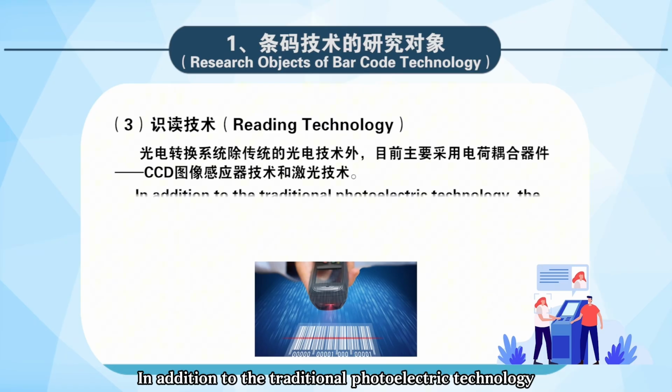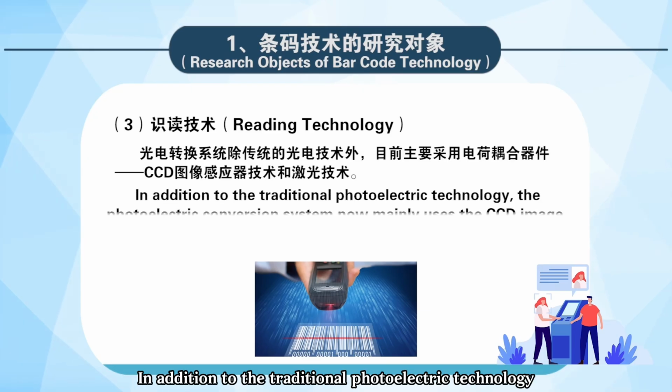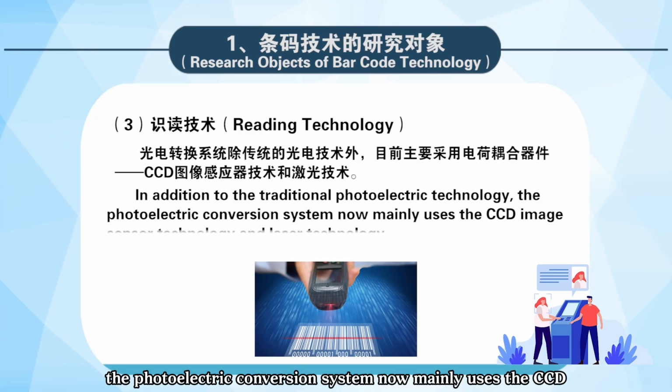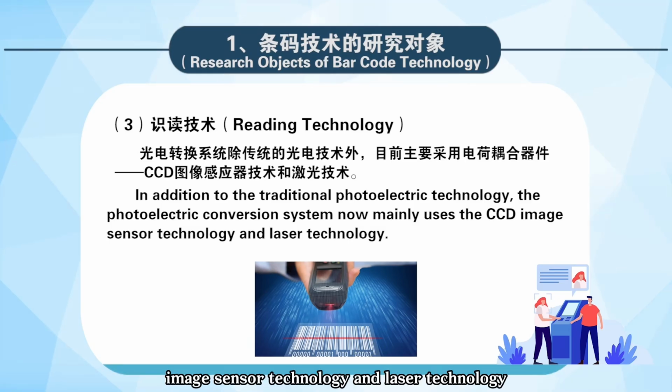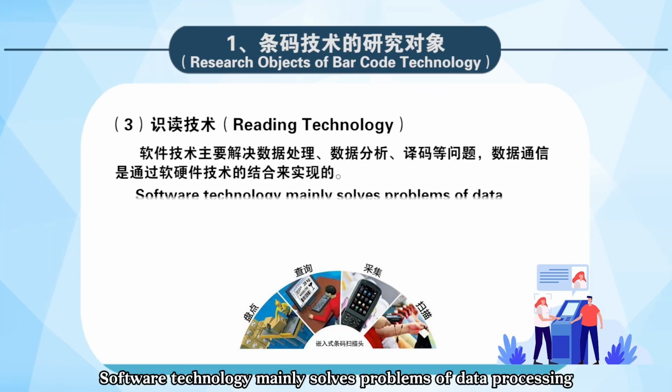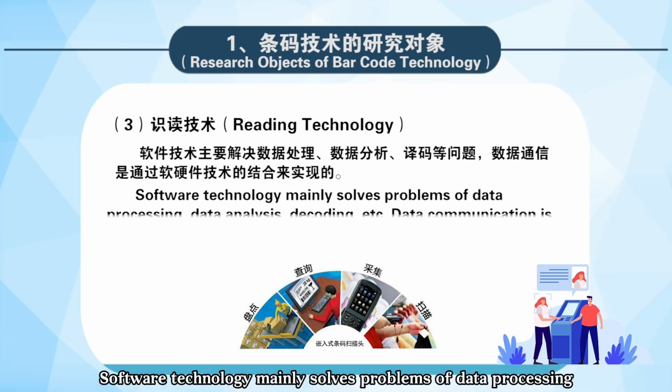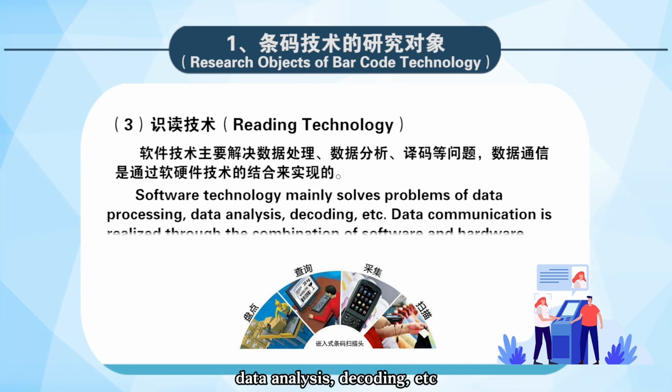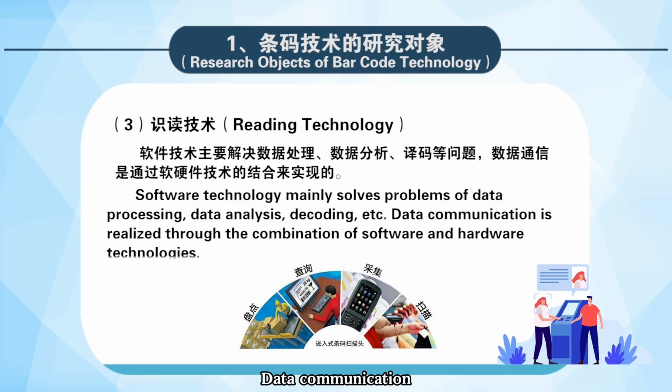In addition to the traditional photoelectric technology, the photoelectric conversion system now mainly uses CCD or image sensor technology and laser technology. Software technology mainly solves problems of data processing, data analysis, decoding, etc. Data communication is realized through the combination of software and hardware technologies.